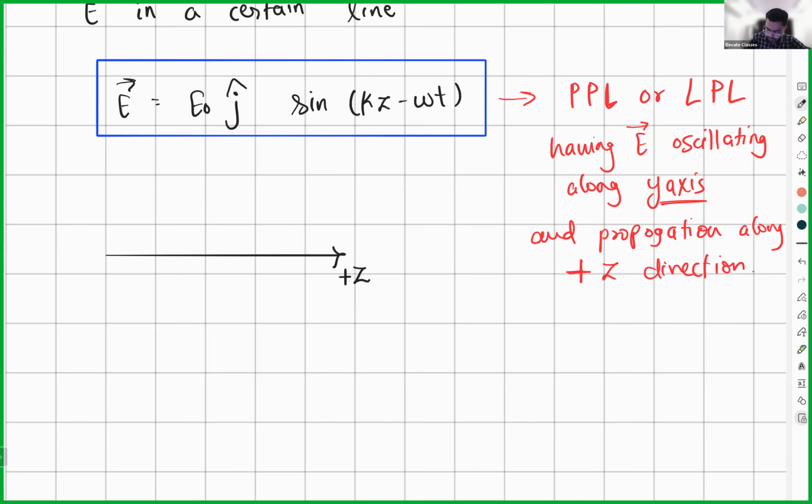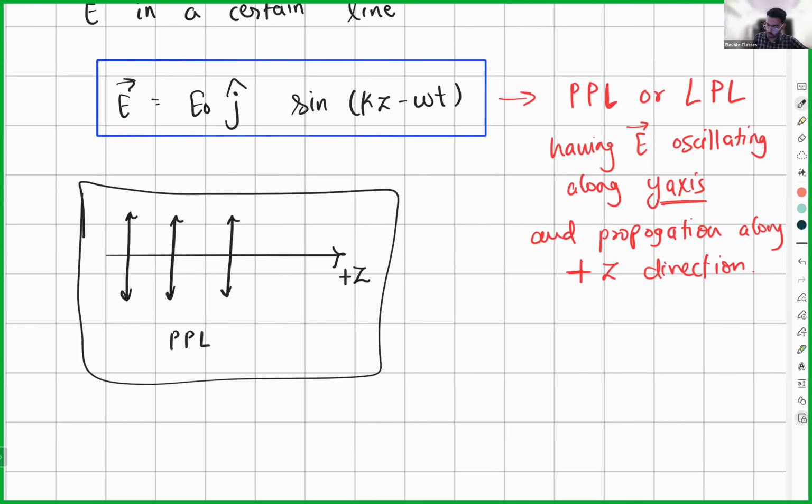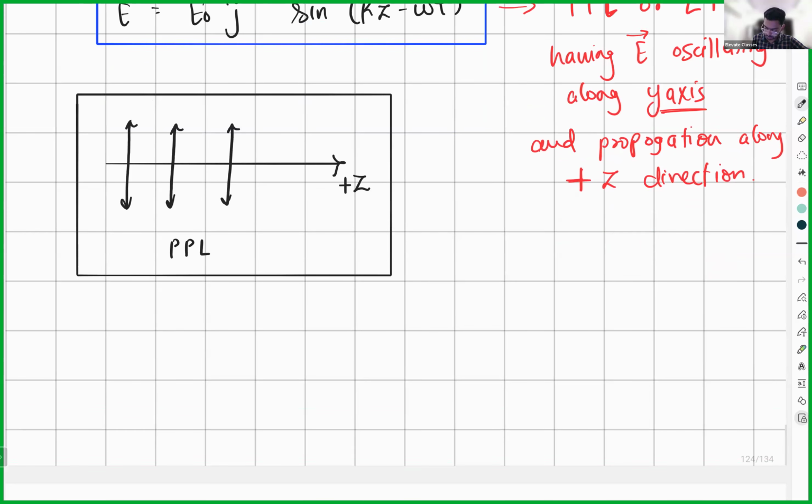And you can see the oscillations of electric field are like this. So this is how a plane polarized light is represented. Or you can also represent some other plane polarized light like this.